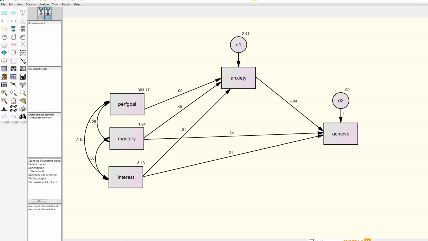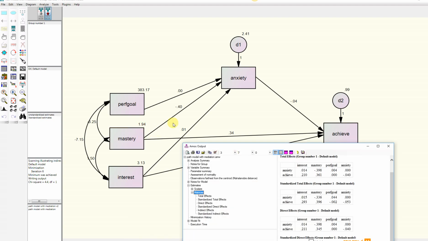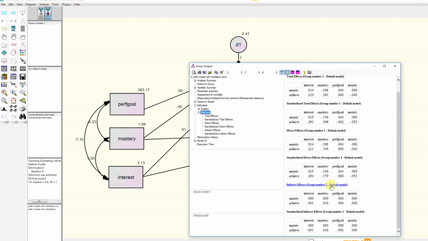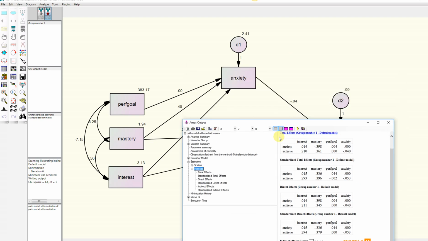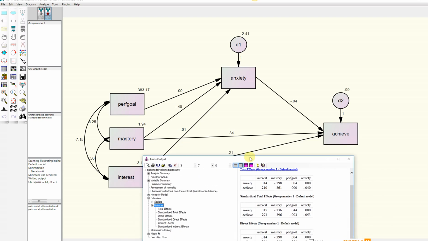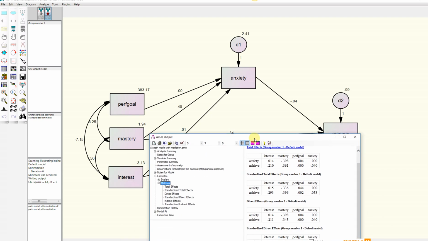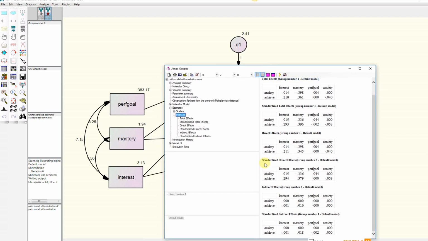And in this particular case, if I take this path coefficient here, negative 0.4, and multiply it times negative 0.04, then the indirect effect of mastery on achieve down here, this is the unstandardized, would be 0.016. If I want to look at the indirect effect of interest on achieve, I would take this path right here, 0.01, and multiply it times negative 0.04, and you'll see that it comes out at negative 0.001.